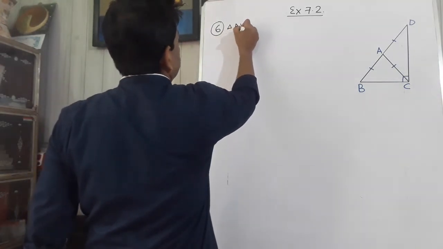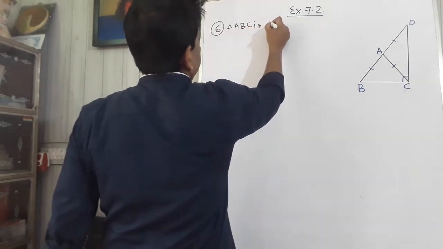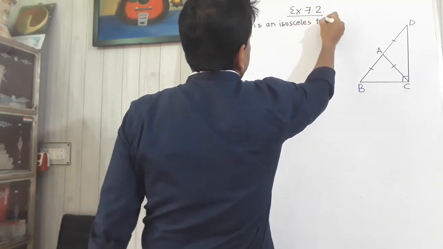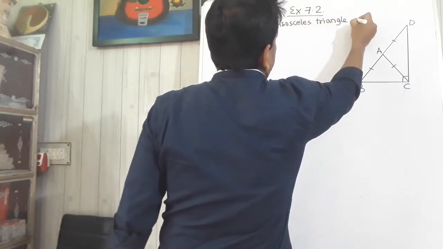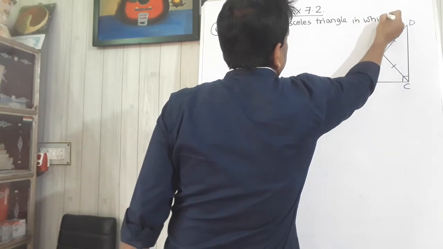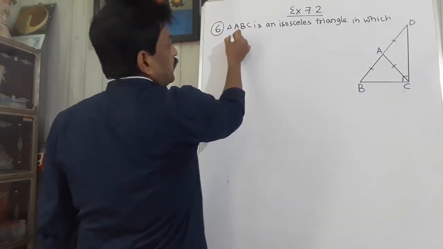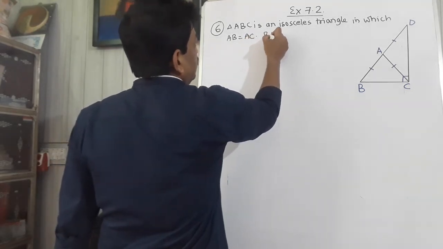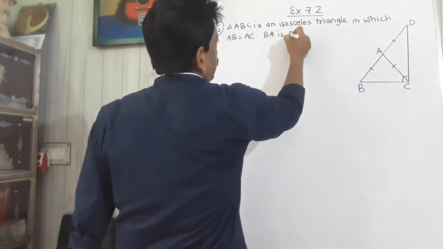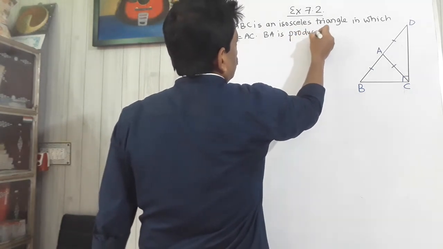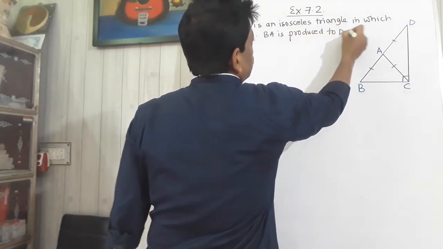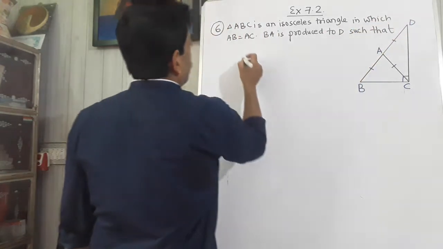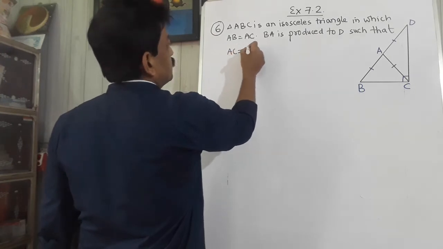Triangle ABC is an isosceles triangle in which AB equals AC, BA is produced to D such that AC equals AD.